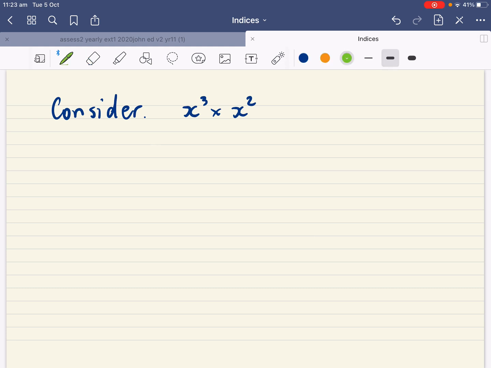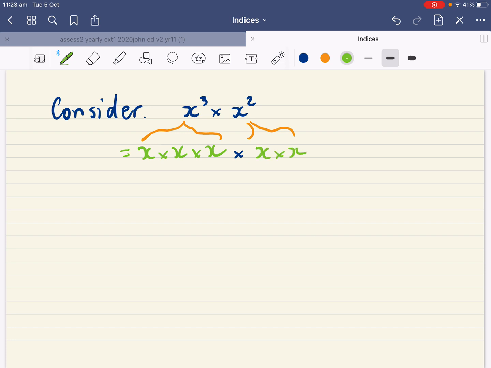Well, x cubed means x times x times x. That was legitimately what x cubed is. And you can see that it's been multiplied by x squared. What is x squared? x squared is, of course, x times x.